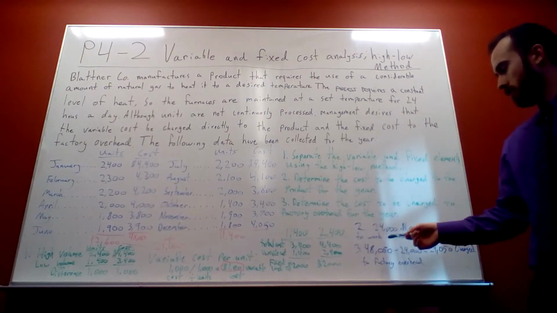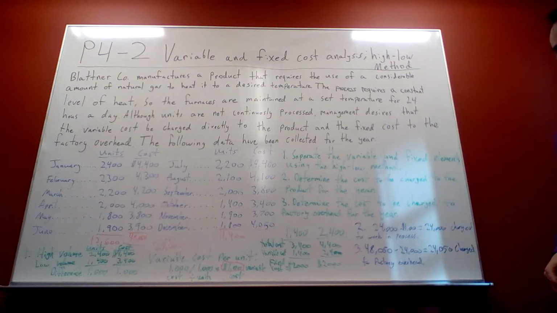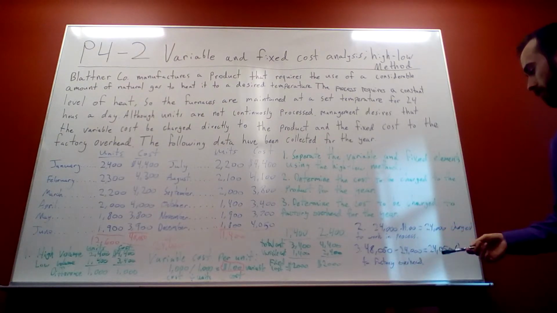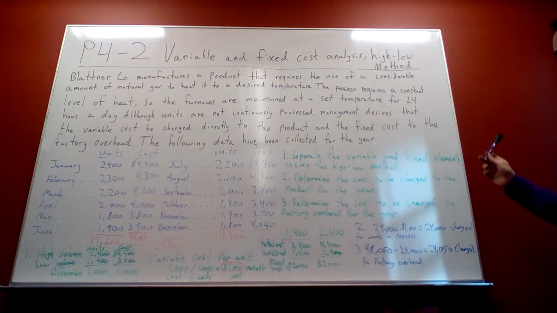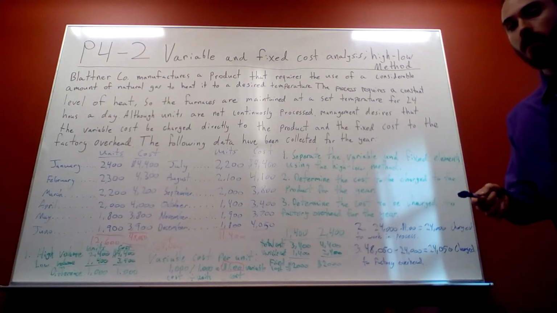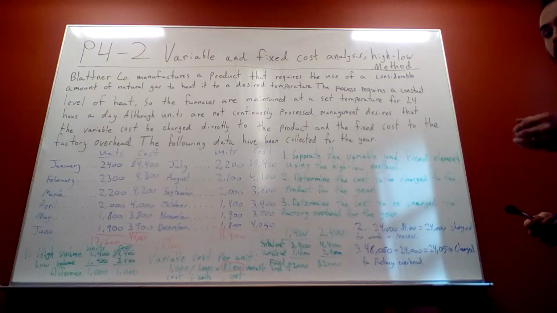That's the amount that should be charged to work in process, essentially. Per unit, if you made 2,400 units and it costs you $1 per variable, you're going to end up with 24,000 that you're actually charging to work in process. So that's going to be part of the unit cost. That way you know exactly what the product is costing you.